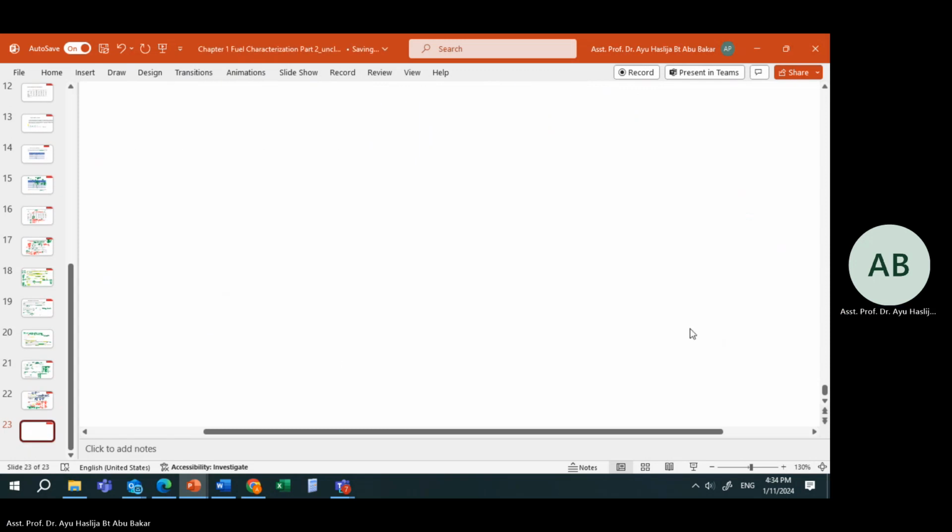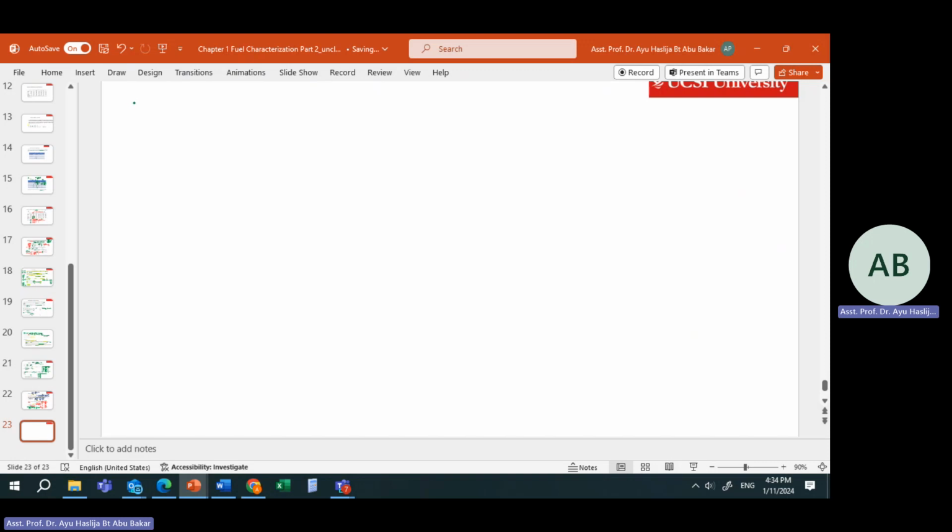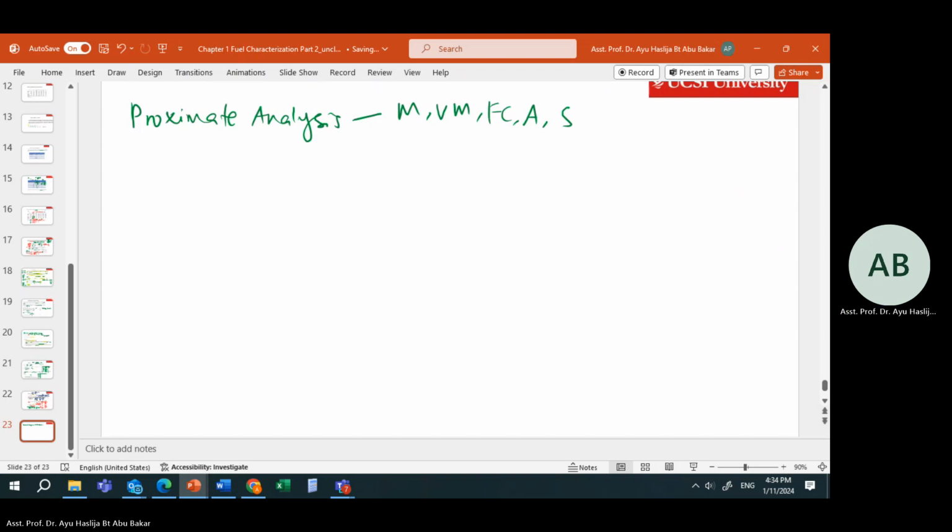Okay, so chapter 1, proximate analysis. You need to know what is it about. Dia ada moisture, VM, FC, ash, and some sulfur.